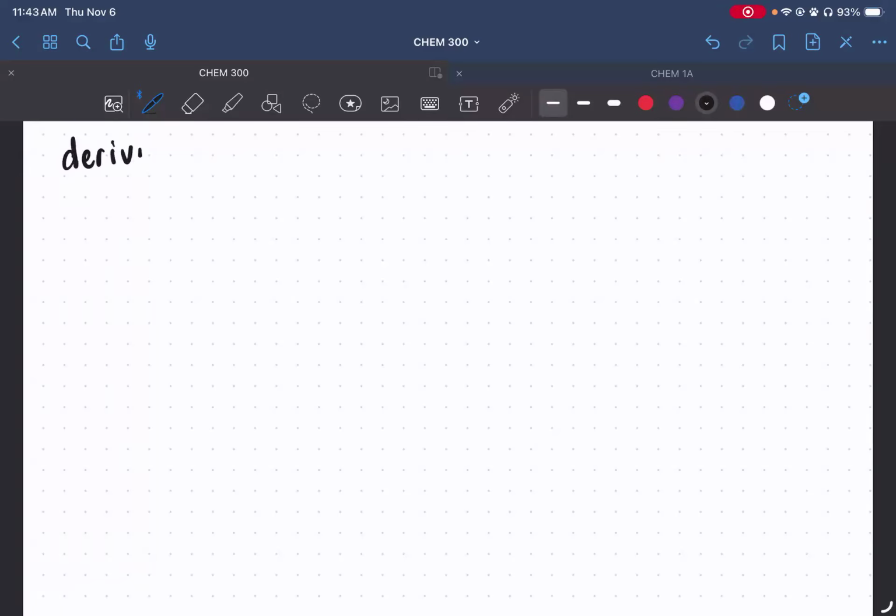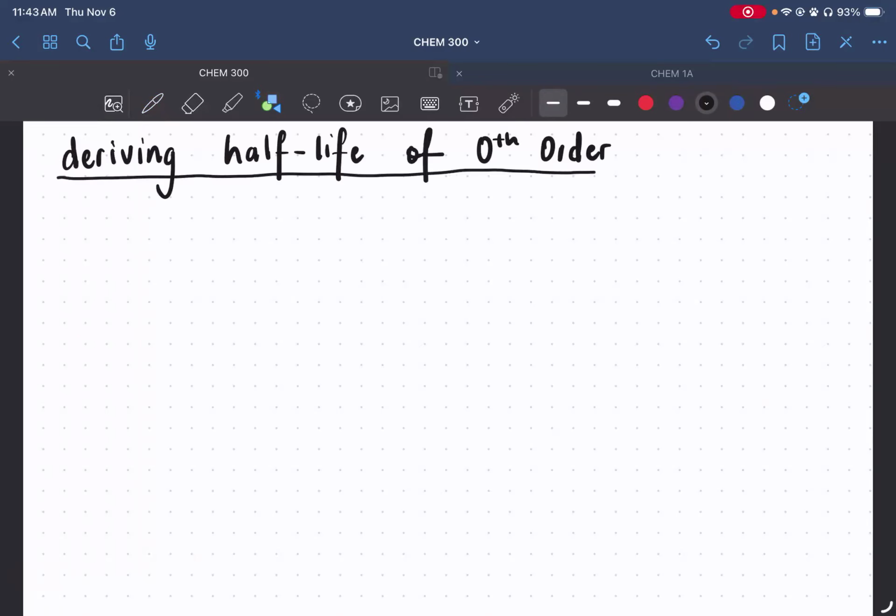Deriving the half-life of 0th order. Half-life has the symbol t subscript half, because it is the time taken to get to half of its original amount.